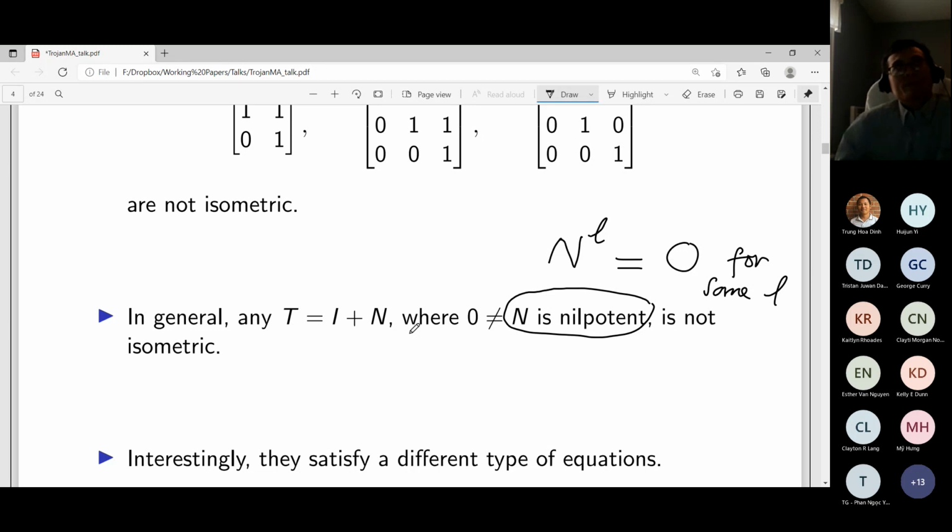You can think of nilpotent matrices as, say, strictly upper triangular or strictly lower triangular. Those are nilpotent. So even though the above matrices do not give rise to isometric operators, they do satisfy some interesting equation.